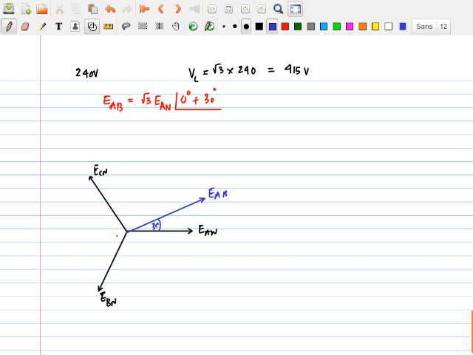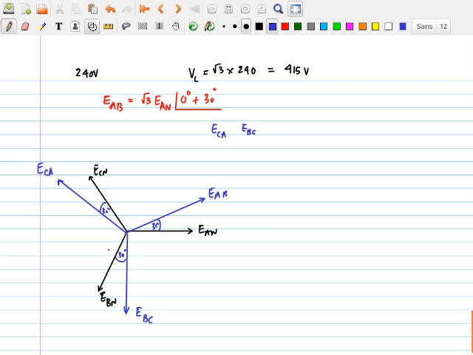If you do the same calculation for E of CA and E of BC, you would still get that is leading this by an angle of 30 degrees, that would be E CA, and that would be E BC, and this would be 30 degrees, that would be 30 degrees.